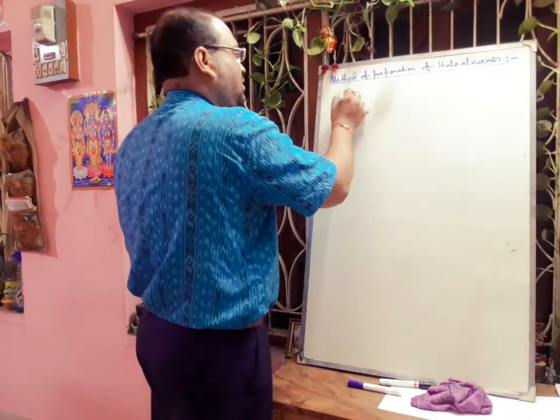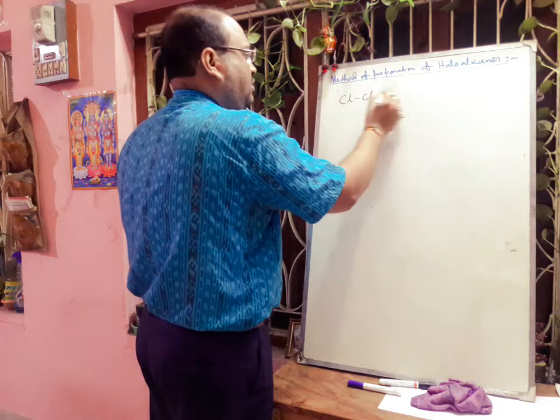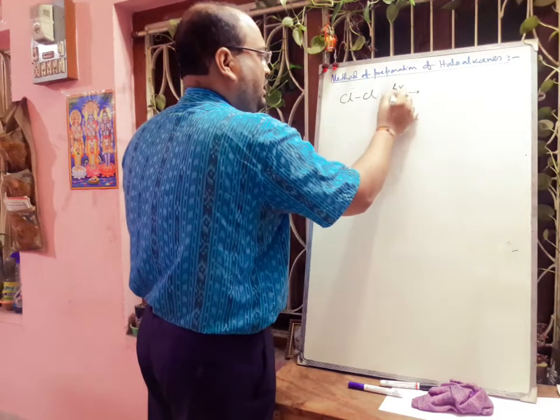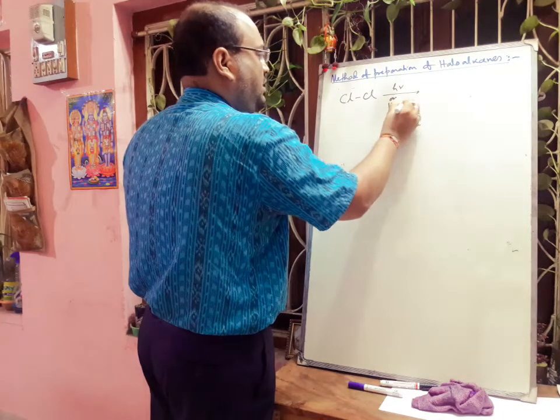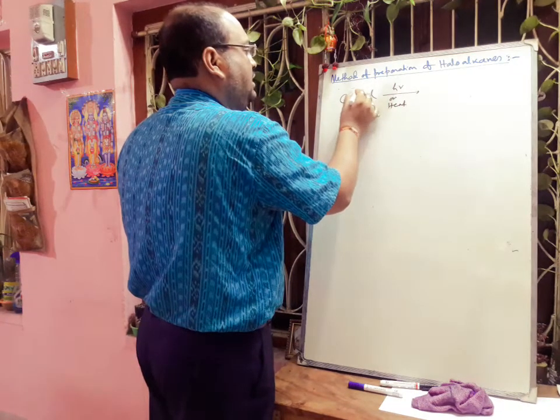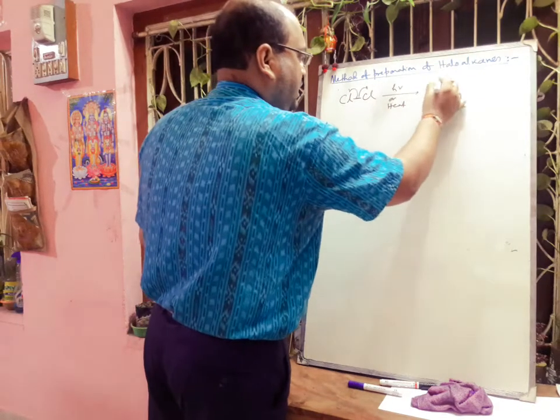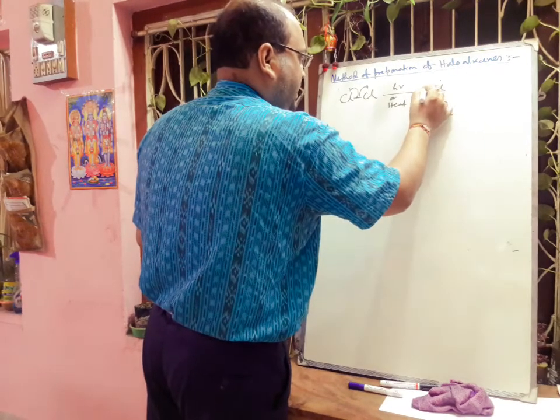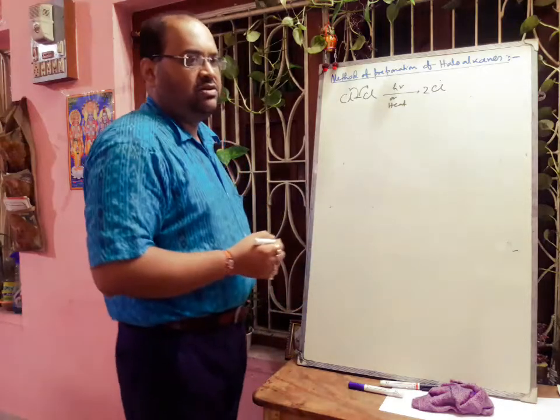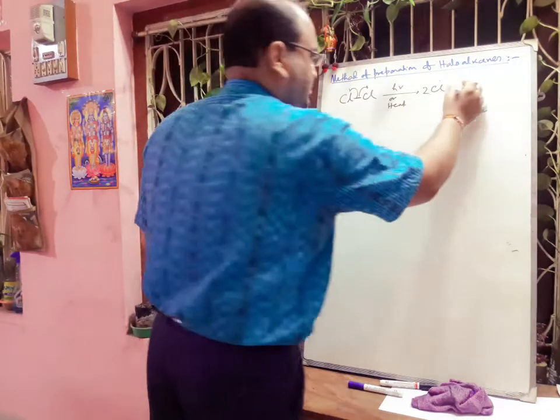First, when we are taking chlorine in the presence of light or heat, there will be homolytic cleavage of this bond and formation of Cl dot, that means a free radical, and this step is called initiation.